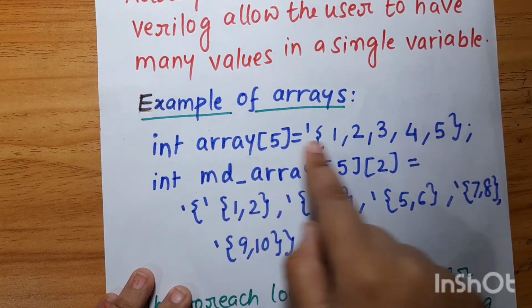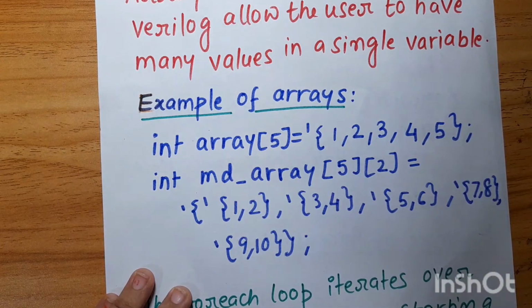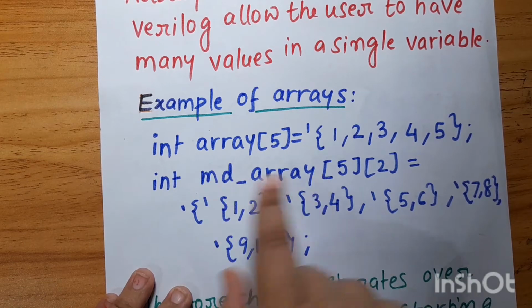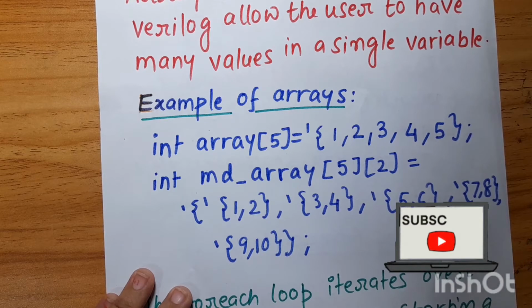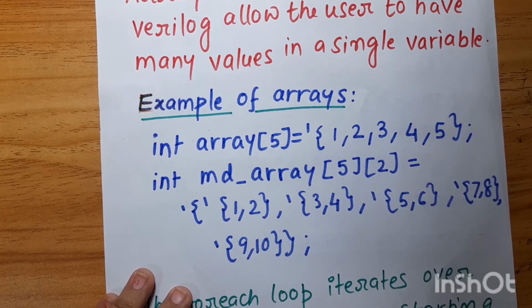Now I spoke about a single dimensional array. Now I will talk about a multi-dimensional array. You see, here the variable name is md_array. It is a two-dimensional array and the data which will be stored is of type int. Two-dimensional array means in order to refer to a single memory location, a single data, I need two indexes.